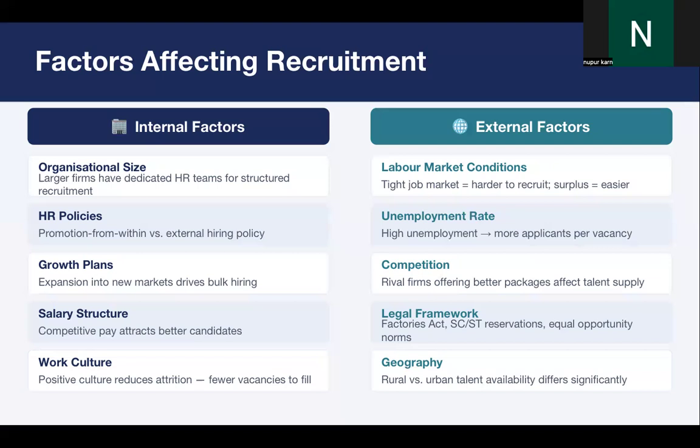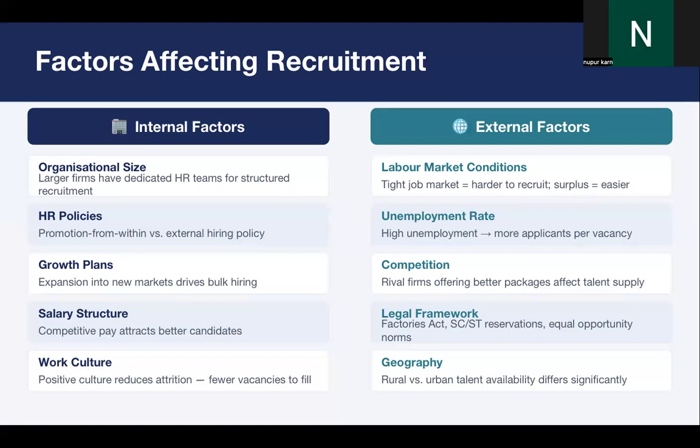Growth plans: expansion into new markets drives bulk hiring. If your company is expanding, like you are opening another branch of your company, in that case you need bulk hiring. So for that you need a proper recruitment process.